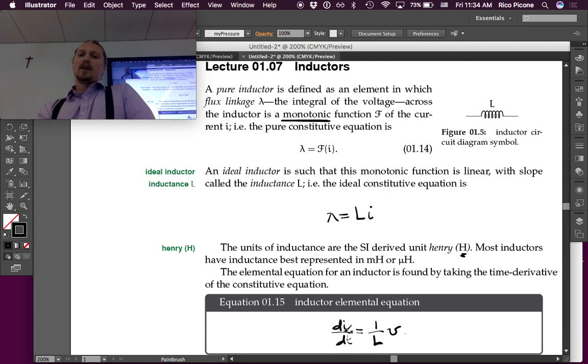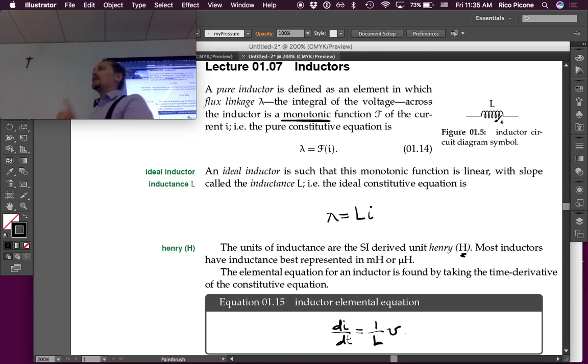There's no current changing, then V has got to be 0. So there's no voltage difference across this inductor, which means that it's acting as a wire. There's no voltage across it, it's just a wire. So in steady state, or what some people would call a DC situation, an inductor acts just as a wire.